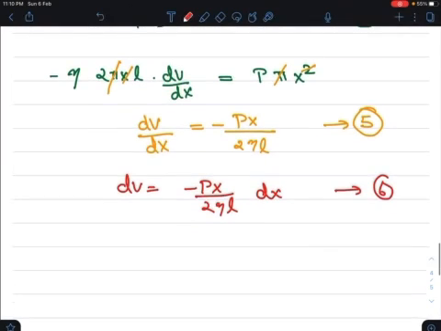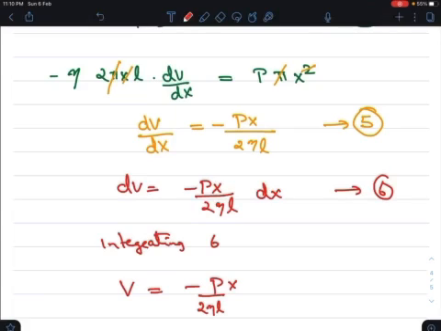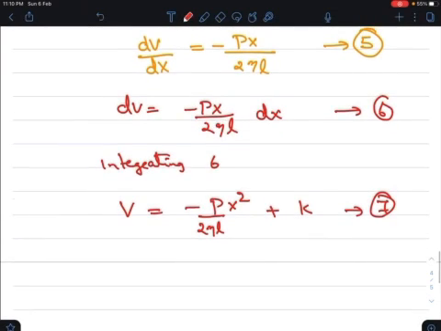Now integrating, if you want to get the whole of the velocity, integrating 6 we have V is equal to minus P divided by 2 eta L into x square plus some integral constant k. That's my 7th equation. Now how do you find this k?